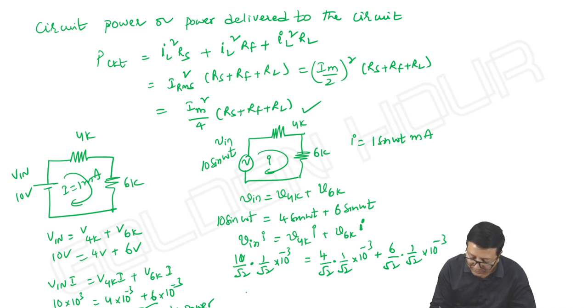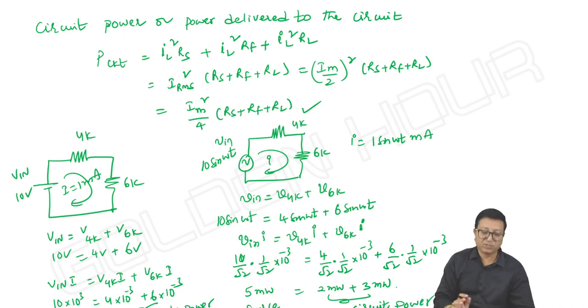So how much do you get? It is 5 milliwatts is equal to 2 milliwatts plus 3 milliwatts. Absolutely. So it is the source power or power generated at the source. And here it is known as circuit power or power delivered to the circuit. Source power is equal to circuit power.